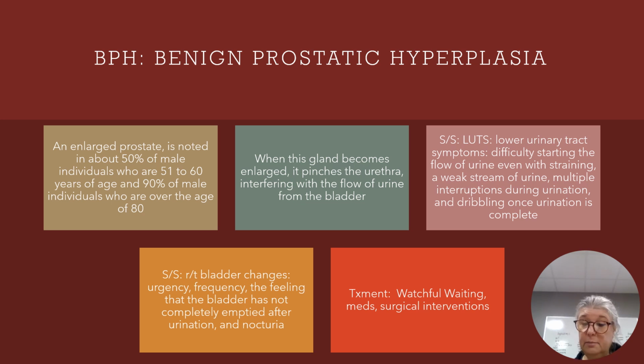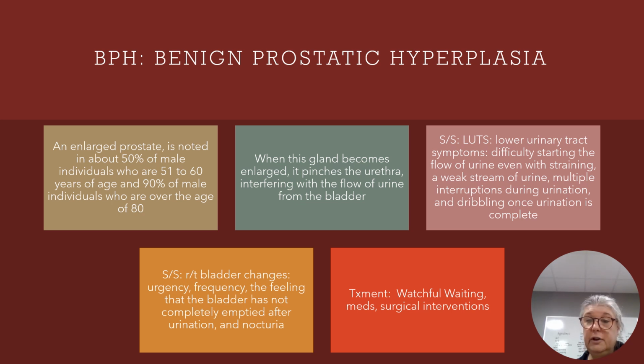This really comes into play, to be honest with you, when we are talking about straight cathing a person. If we have somebody with renal dysfunction and we are really tracking those I's and O's, if our person cannot urinate, that's going to be a problem, okay? So BPH is definitely something that comes into play frequently.